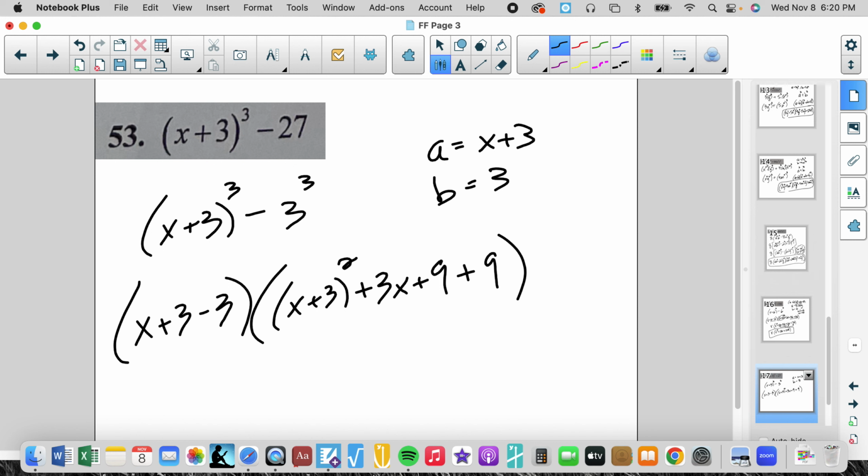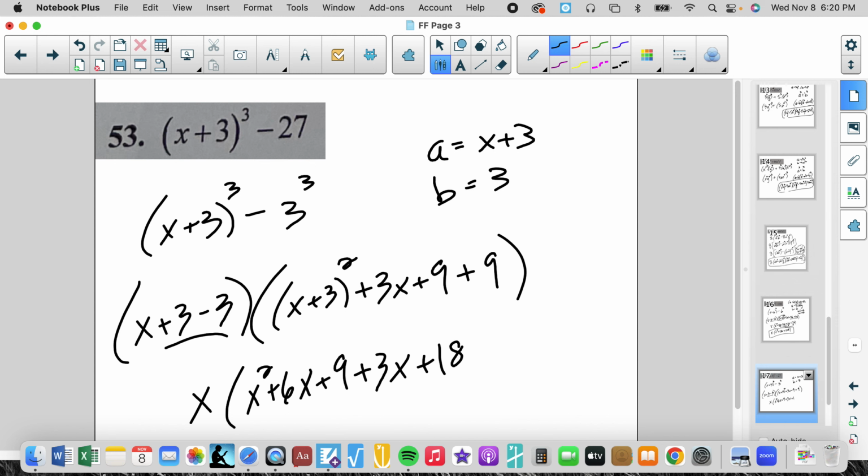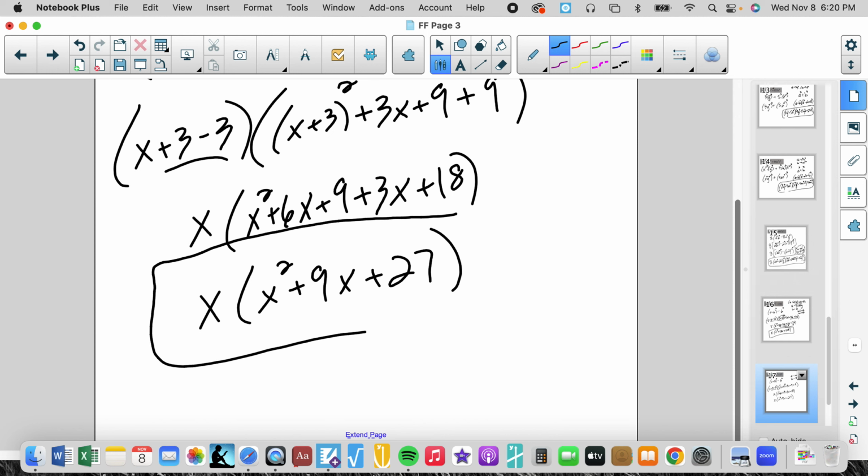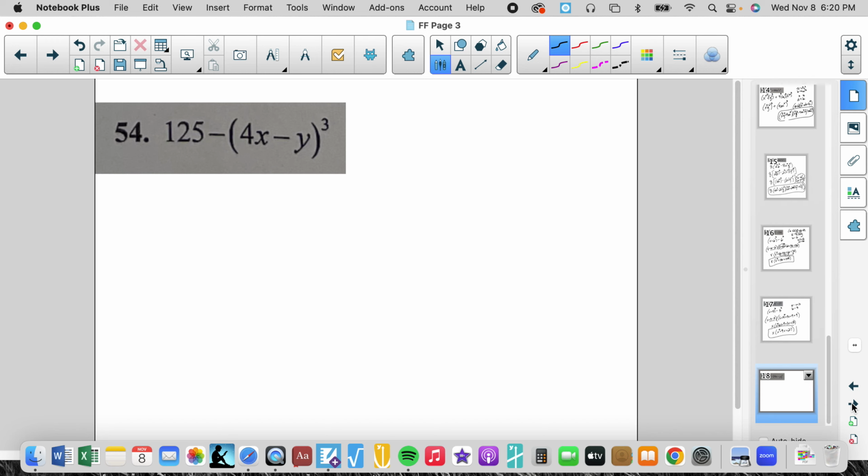So these are going to cancel again. We're left with x on the outside. That's x squared plus 6x plus 9 plus 3x plus 18, and x times the quantity x squared plus 9x plus 27. Again, very nice and elegant solution. I like those.